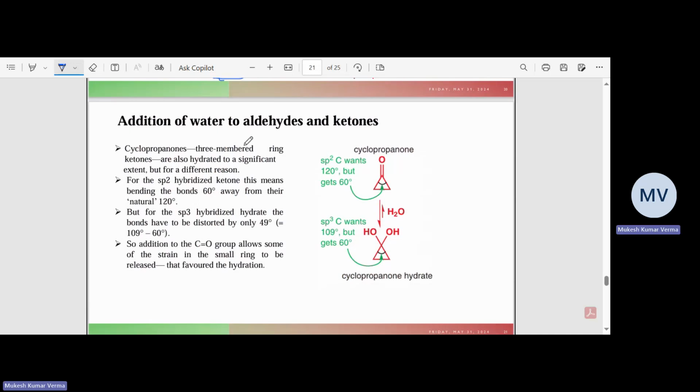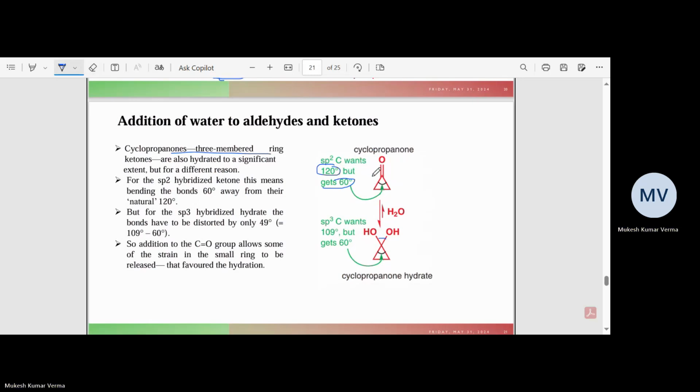The addition of water to aldehydes and ketones is also favorable for 3-membered rings. In this case, it is not steric hindrance, this is the strain. 3-membered rings are strained in nature, and when they are attacked by the water molecule, there is a change in angle. In a normal carbonyl compound, there is an angle of 120 degrees, but the actual angle in the ring is 60 degrees, so there is a 60 degree difference.